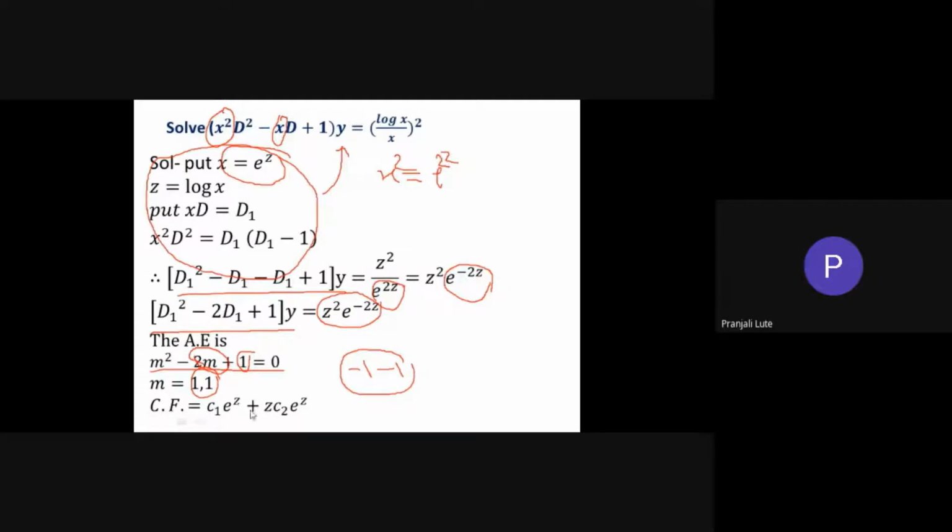Next, here find the particular integral. The standard form of particular integral is 1 upon the equation in terms of D, into the right hand side. Then how to apply this case?